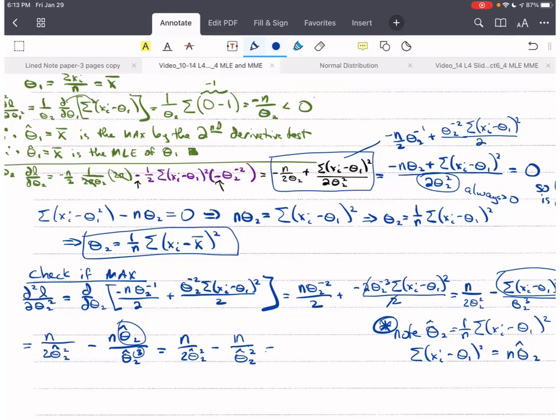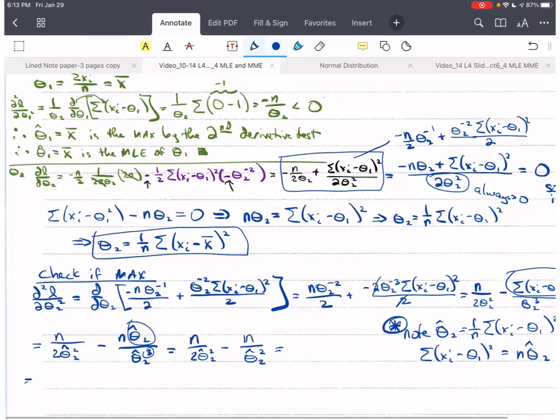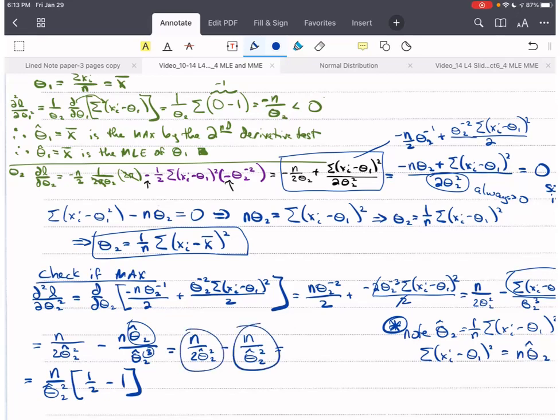And so, okay, I can factor out n over θ2 hat squared, if this makes it easier for you, and I end up with 1/2 minus 1. If that makes it easier for you to see that this is half of this, the 2 down here.